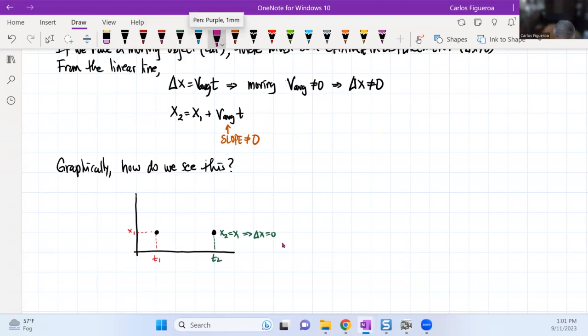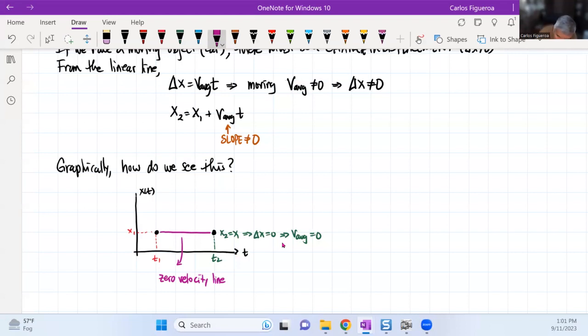So our line is straight like this. If we have no change in delta x, which then immediately tells us that the average speed is 0 because there's no slope to this line. So this line right here is the 0 velocity line.